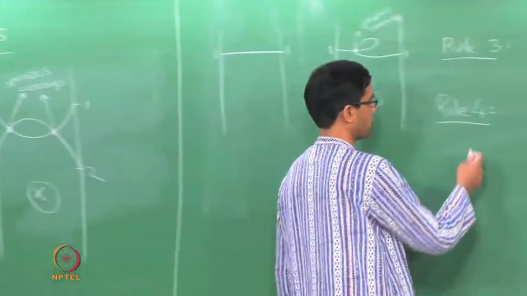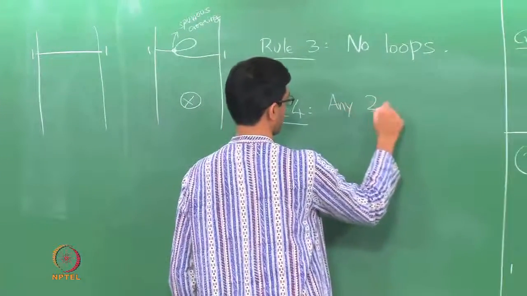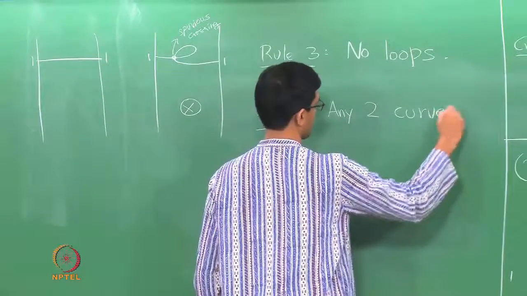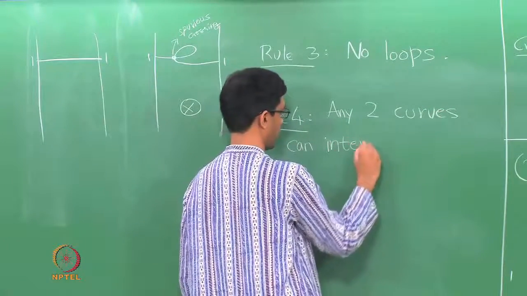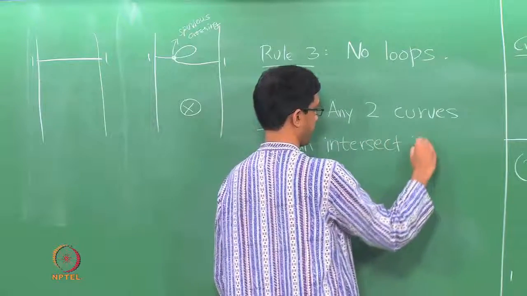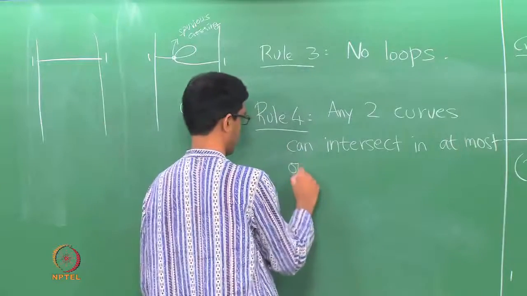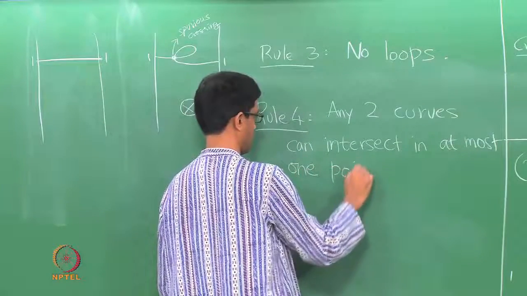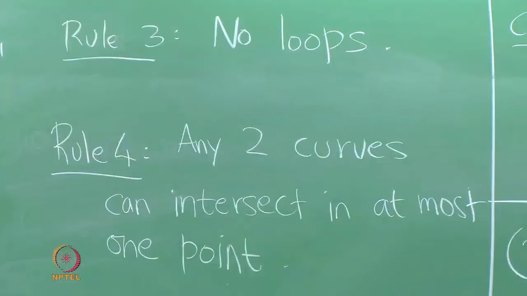So rule number 4 says any two curves can intersect in at most one point. Each pair of curves intersects at most once.